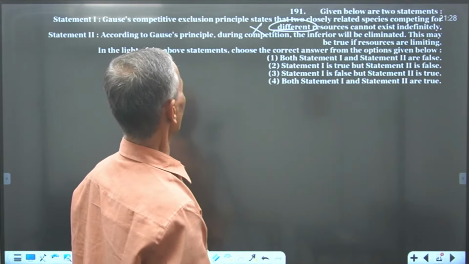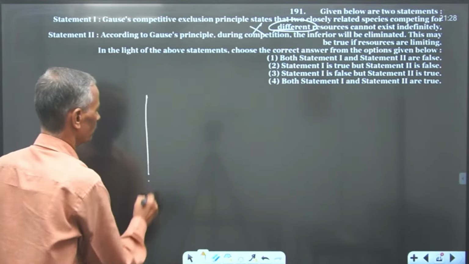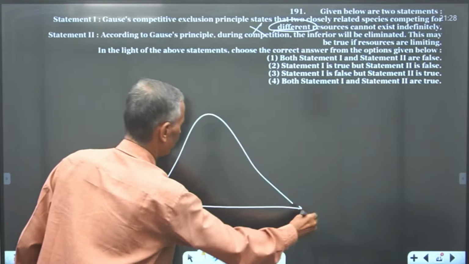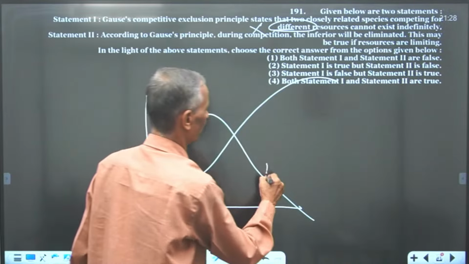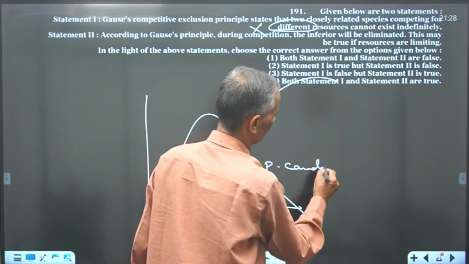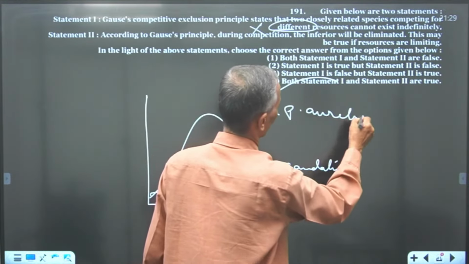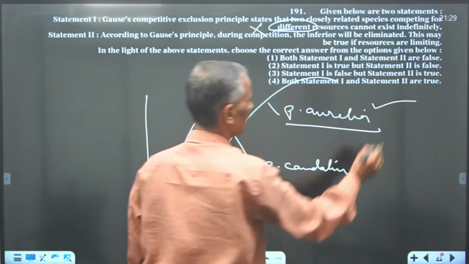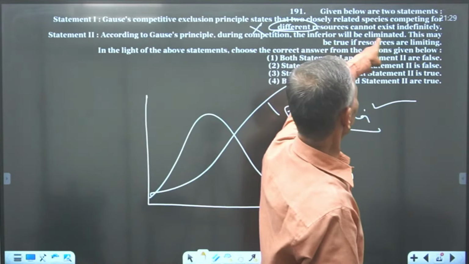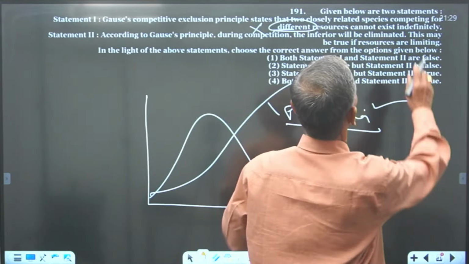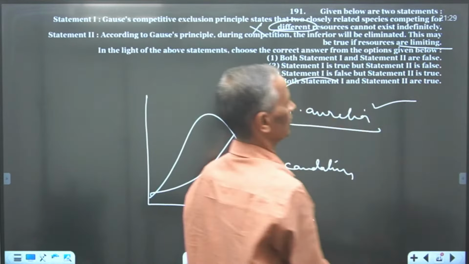According to Gause's principle, during competition, the inferior will be eliminated. See, when two species of Paramecia were cultured together, the Paramecium caudatum was completely trounced. Paramecium aurelia survived because Paramecium aurelia is superior. During competition, inferior will be eliminated, correct? This may be true if resources are limiting.